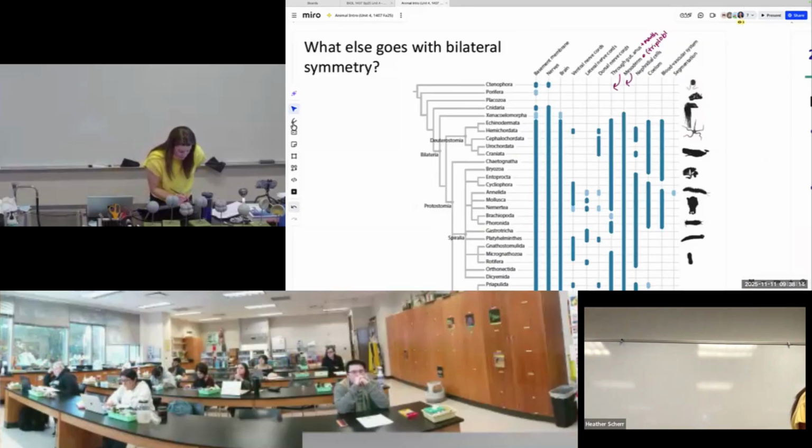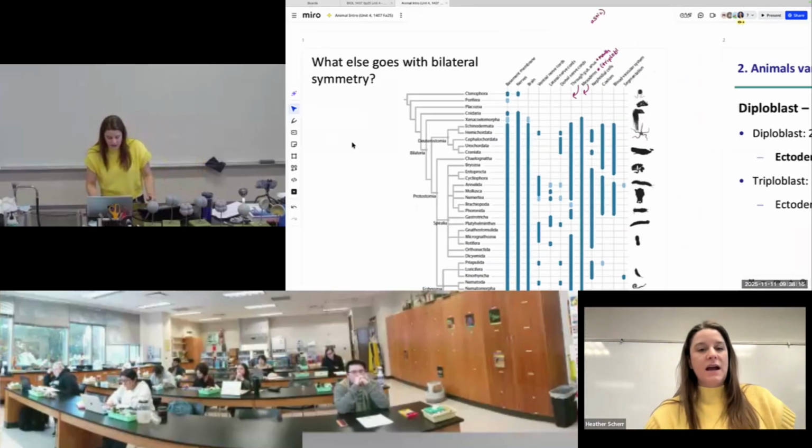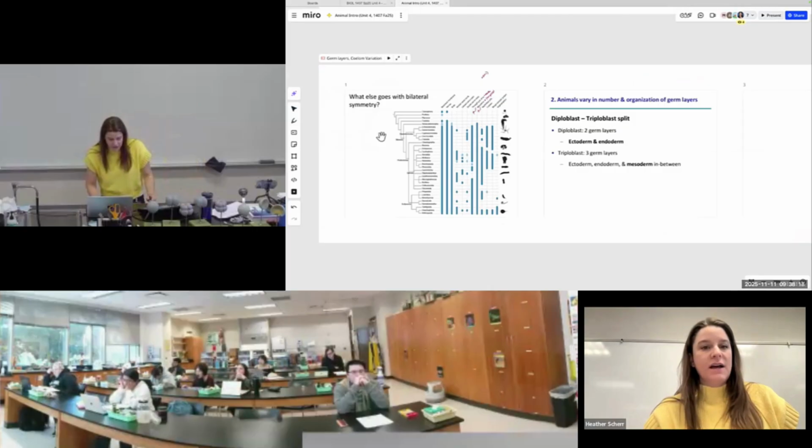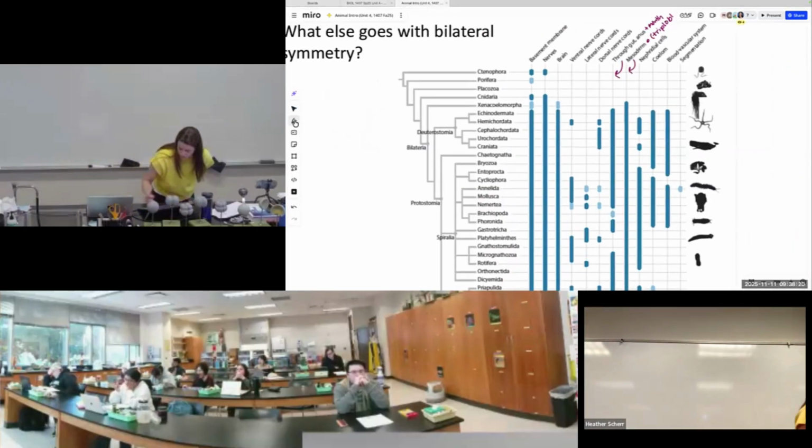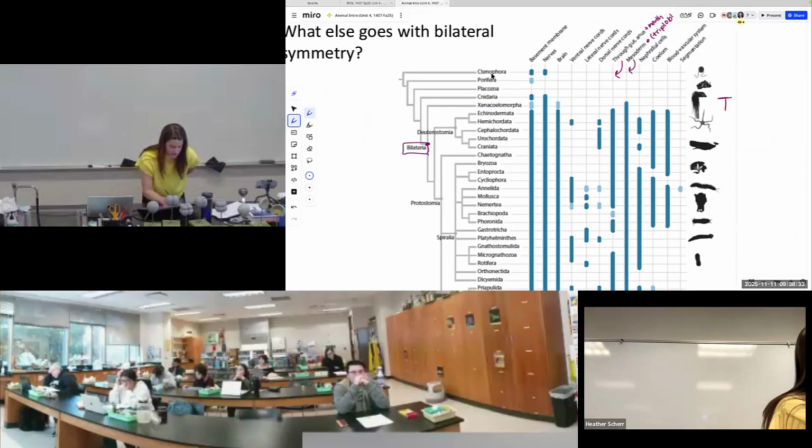And that's the symmetry. So we mentioned bilateral, asymmetrical, radial symmetry. So bilateral symmetry are all in the group called bilateria. And those bilateria, you can see, starts here and then goes down. So it's everybody except Cnidaria, Placozoa, porifera, and ctenophores or ctenophora.